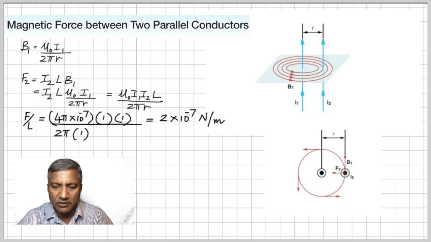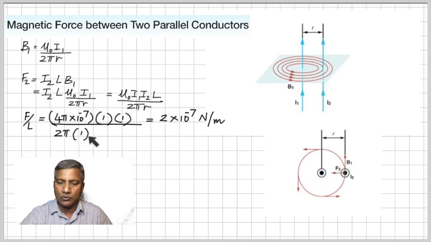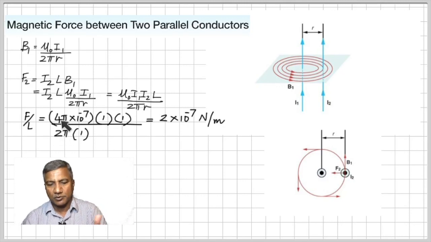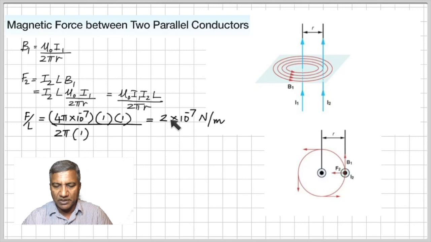Then when you plug it into the formula, I1 is 1, I2 is 1, and r is 1. That leaves us with these two factors, and the pi's will cancel out. 4 by 2 is 2, so that gives us a value of 2 times 10 to the negative 7 Newton per meter. It's per meter because I've taken the length to the other side. So that's why it's Newton per meter.